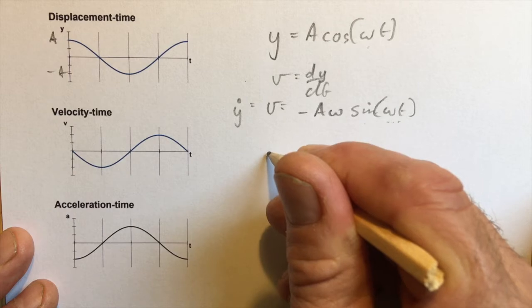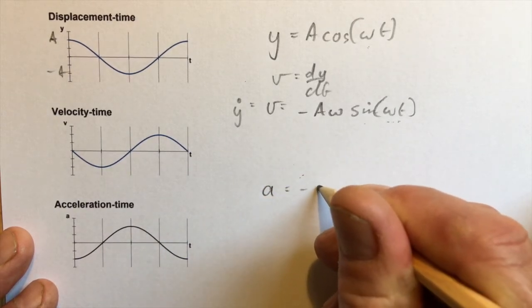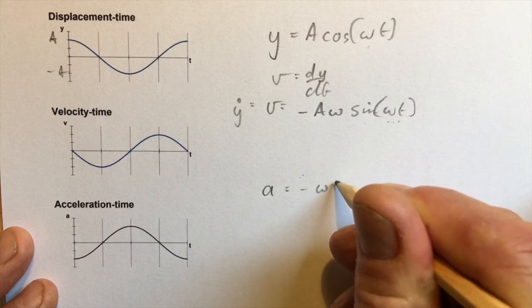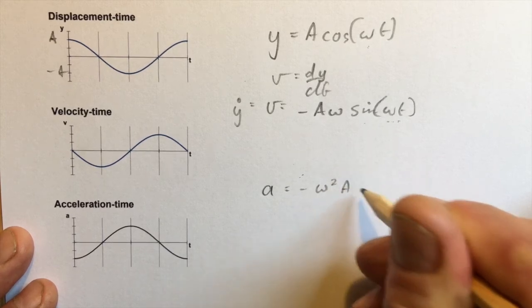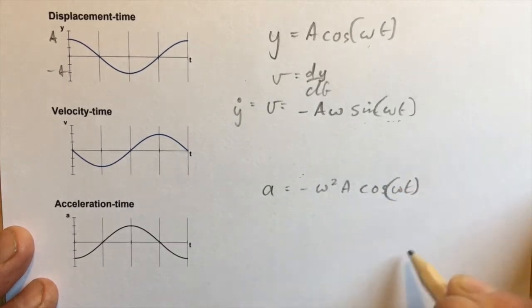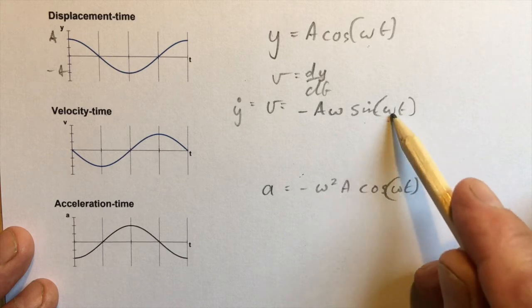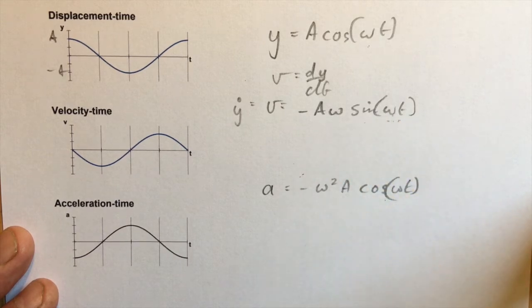So we're going to have acceleration is minus omega squared now times amplitude, and this time cos omega t, because the sine converts to a cos in differentiation, and all we're doing now is multiplying by omega again.